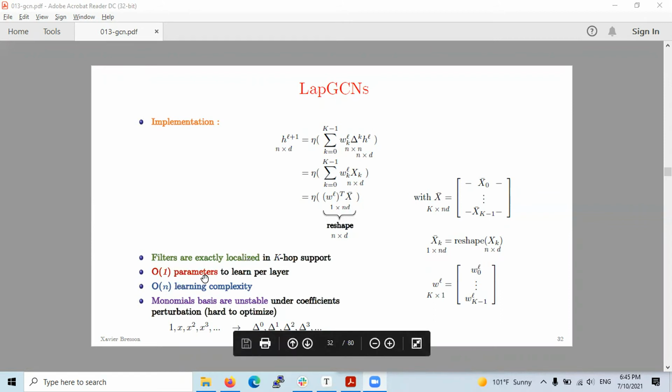Instead of eigenvectors, we have a monomial. A monomial function probably only has one variable in it, as he has mentioned over here: 1, x, x square or x cube.